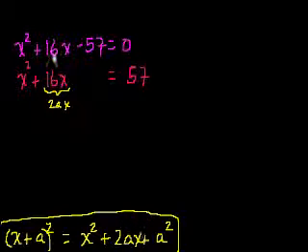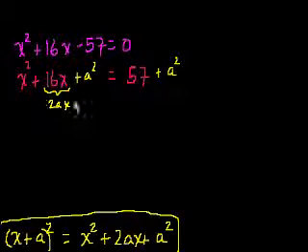And then we need to add an a squared to it. Plus a squared, and then we would have the form here. But we know from basic algebra that anything you do to one side of an equation, you have to do to the other. So we added an a squared here, so let's add an a squared here as well. And now you could essentially rewrite this as a square of some expression.